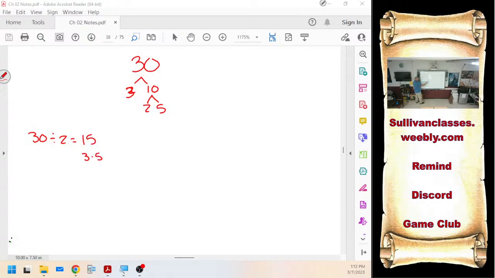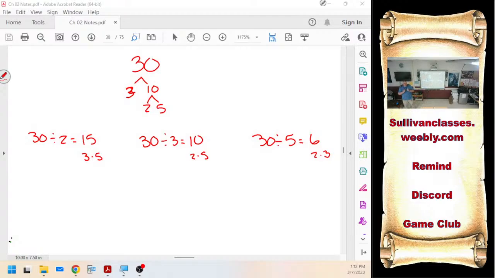There's still a 3 and a 5 left over. I could take 30 and divide it by 3. There's still a 2 and a 5 left over. I could take 30 divided by 5. There's still a 2 and a 3 left over. And in every one of those cases, when I divided by 2, by 3, and by 5, I always got a remainder of 0.